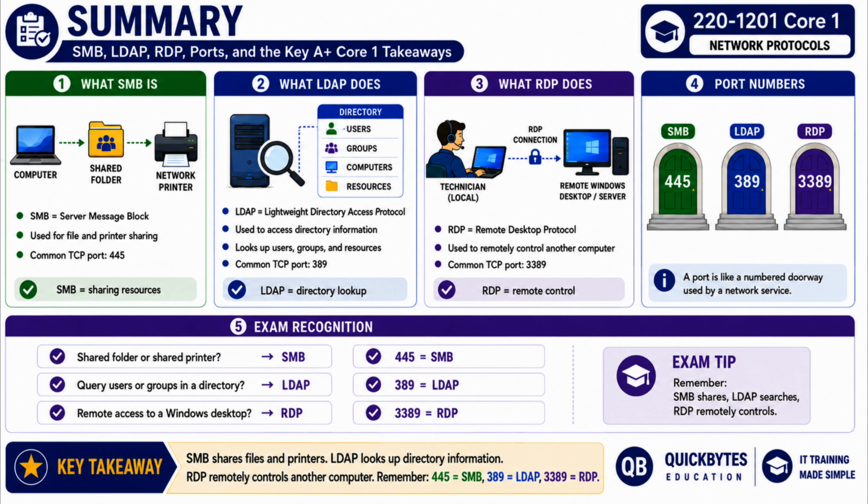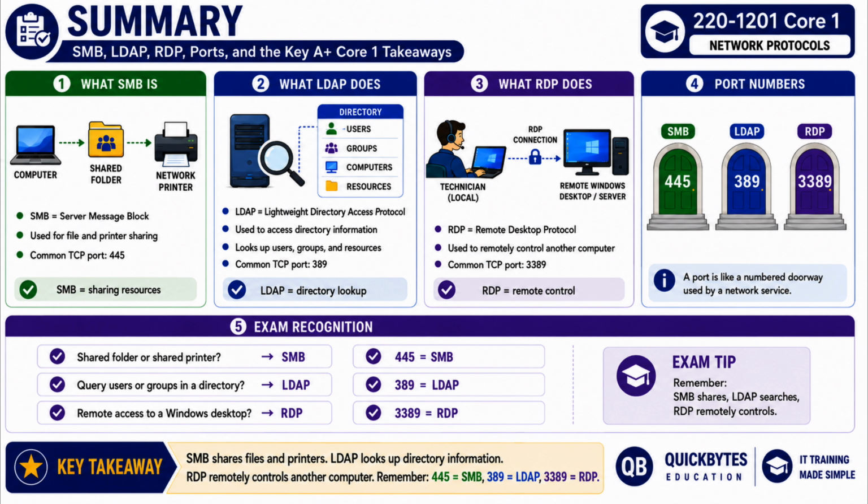Here's what you just learned. SMB stands for Server Message Block. SMB is commonly used for file and printer sharing. SMB commonly uses TCP port 445. LDAP stands for Lightweight Directory Access Protocol. LDAP is used to access directory information, like users and groups.